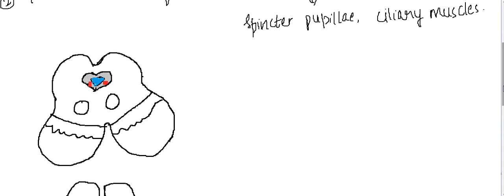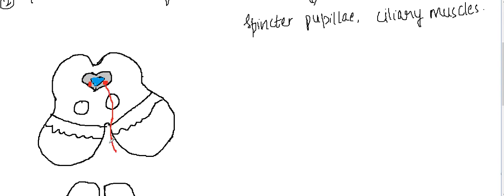If you see here, it is arising from here, then it will run downwards like this, and then it will enter the interpeduncular fossa. These are the two peduncles.